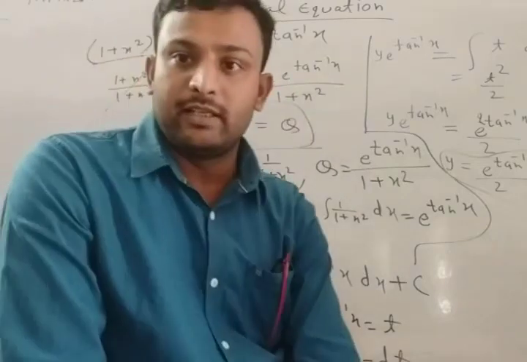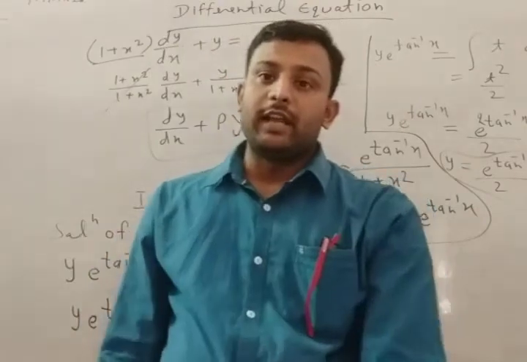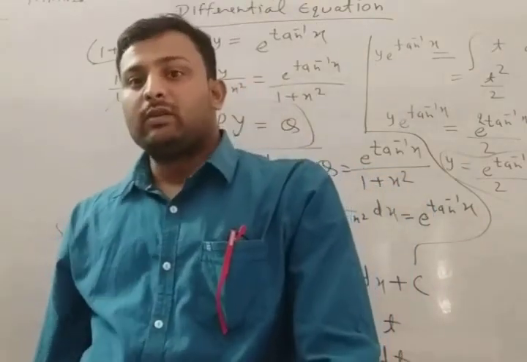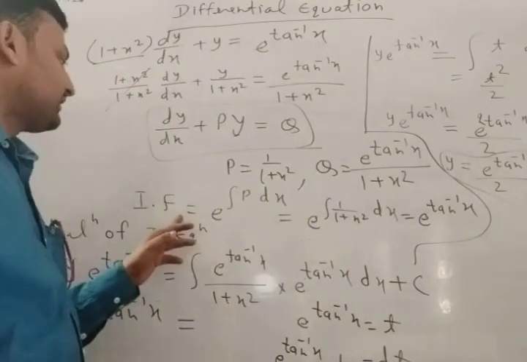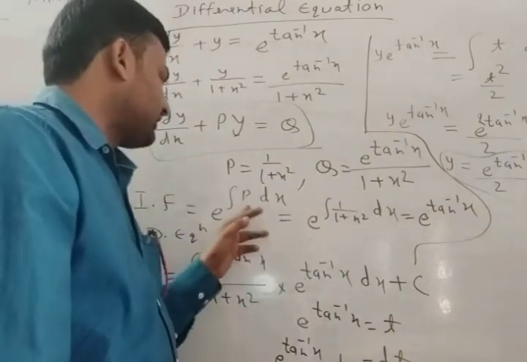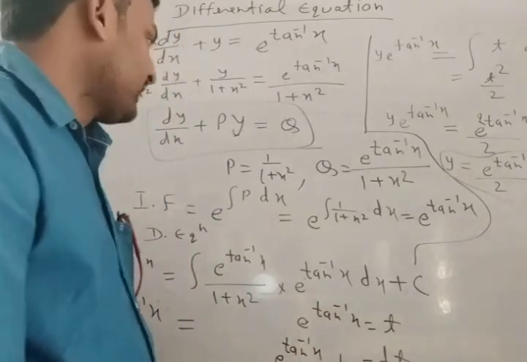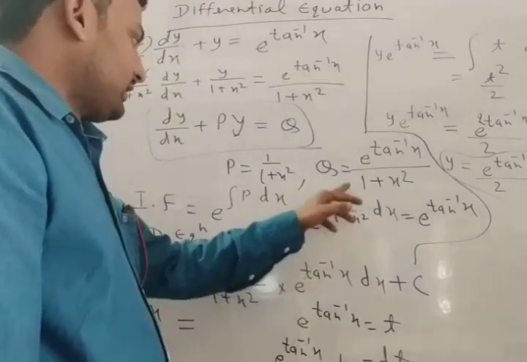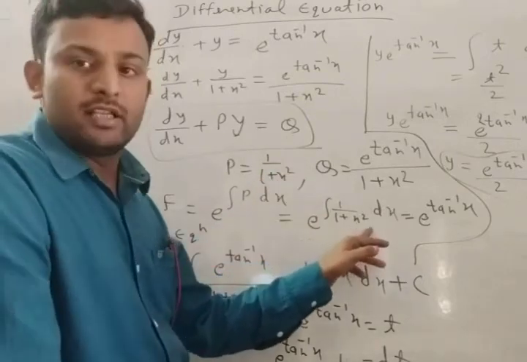After this, we will find its integrating factor, which is e to the power integration of p dx. This is the formula for finding the integrating factor, and our p is 1 by 1 plus x square dx.